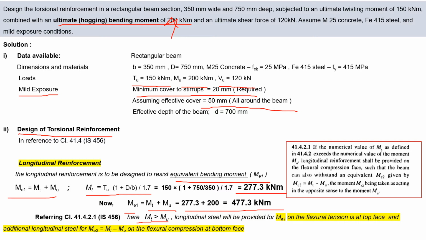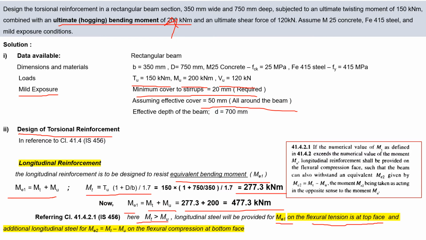Then what we have to do, we have to design the longitudinal steel to be provided for Me1, here 477.3 kilonewton meter, on flexural tension at top face. Why flexural tension? Because it is a hogging moment, so tension will be at the top fiber and compression will be at the bottom fiber.